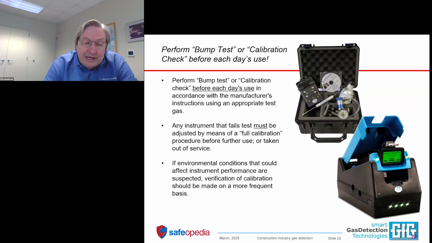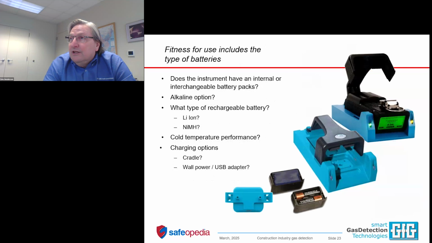The difference between a calibration check and a full calibration is you're adjusting the readings of the sensor. You let them stabilize, and then if needed, you adjust them to exactly match the concentration on the label of the calibration gas cylinder. So OSHA is very clear on this.